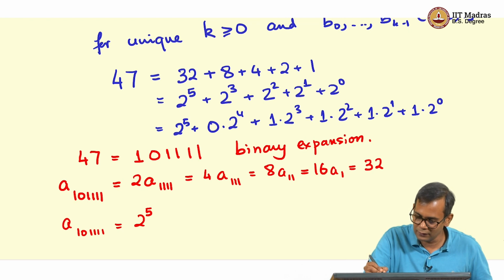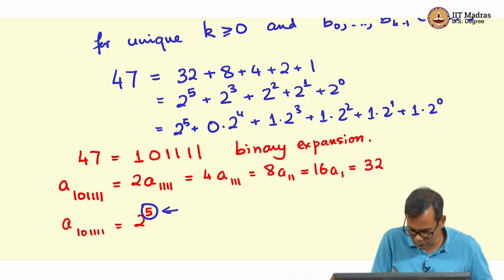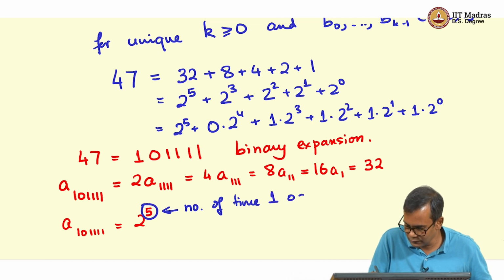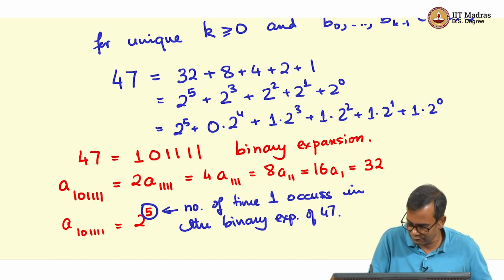This 5 here is nothing but the number of times 1 occurs in the binary expansion of 47.